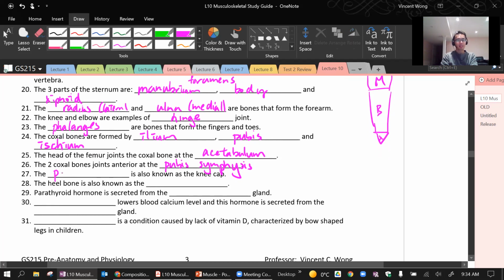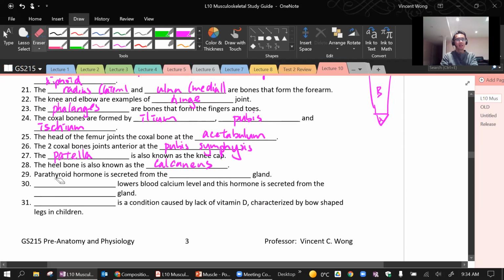Kneecap, that's the patella. Heel bone, calcaneus. Parathyroid hormone is secreted from the parathyroid gland.